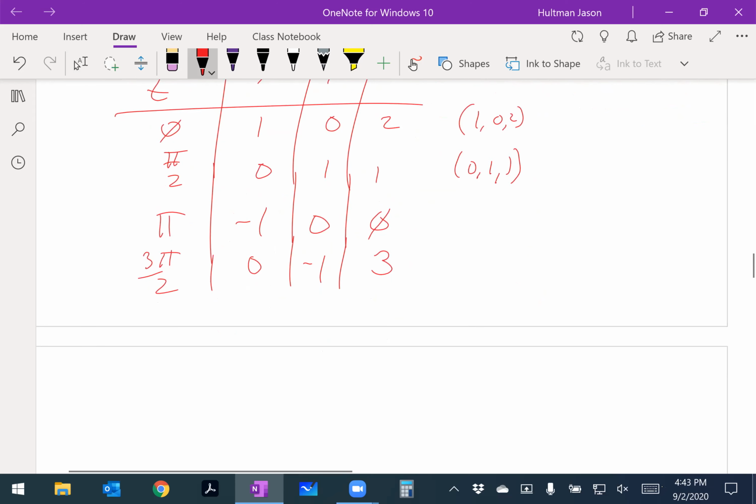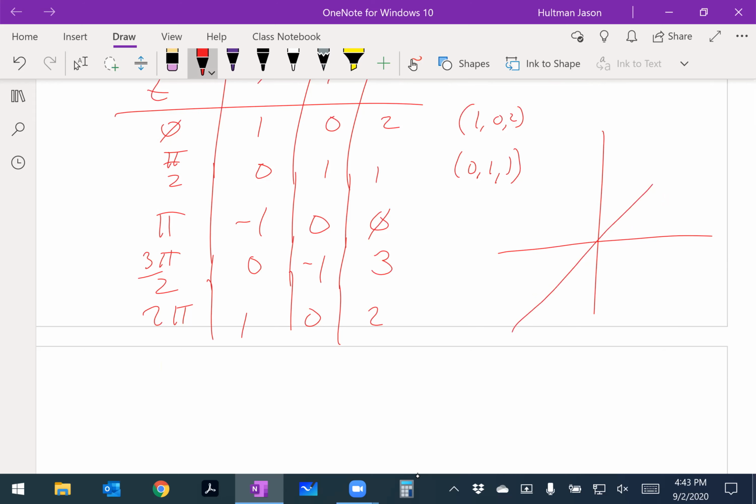Makes sense. And then what about 2 pi? Wasn't it the same as 0? Aren't we back to where we started? Right, so what would this look like in 3 space?